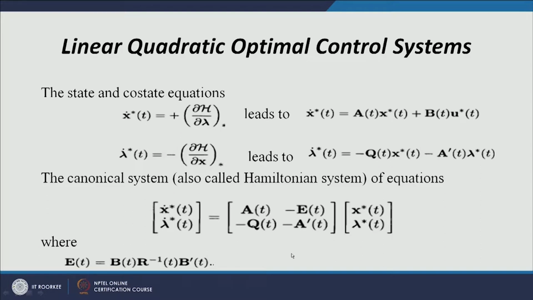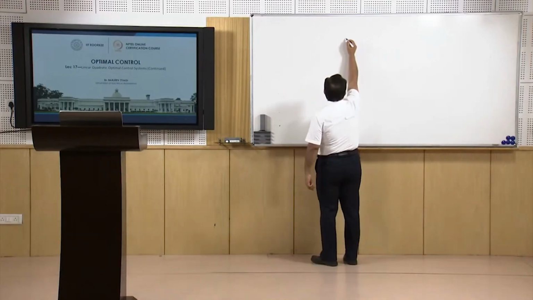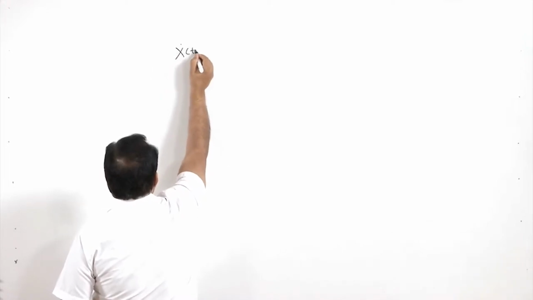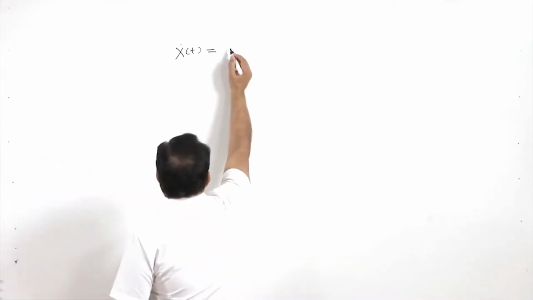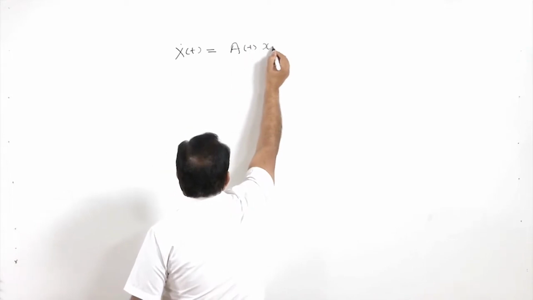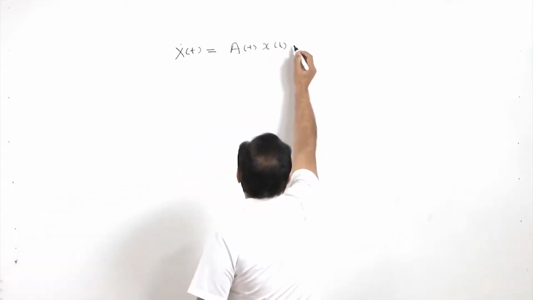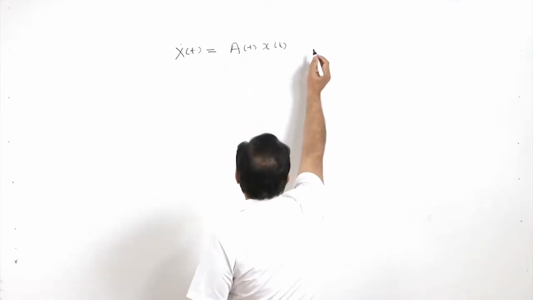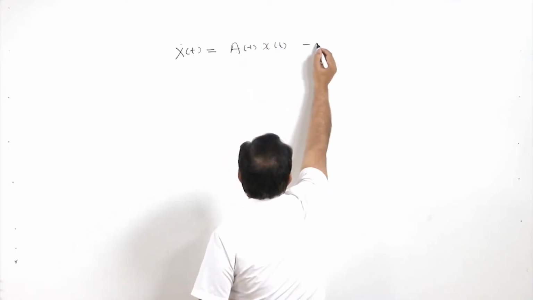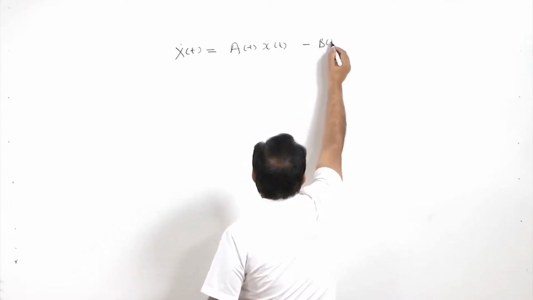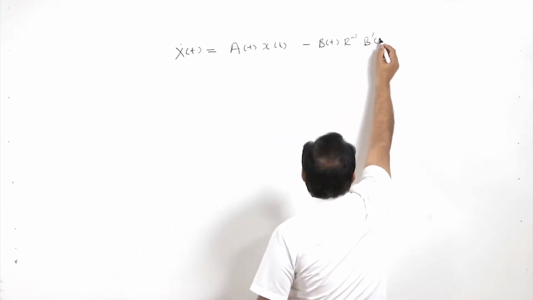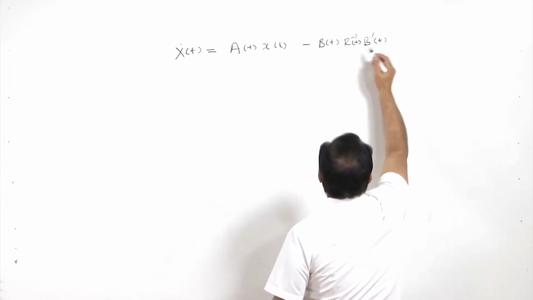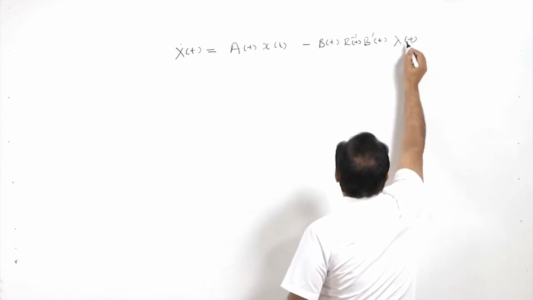Basically, this Hamiltonian system gives me two equations. One represents my x dot t in terms of A t x t, and another term E t, where E is B R inverse B prime t, R is also a function of time, times lambda t.